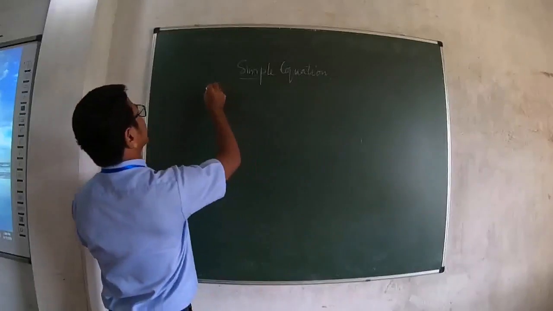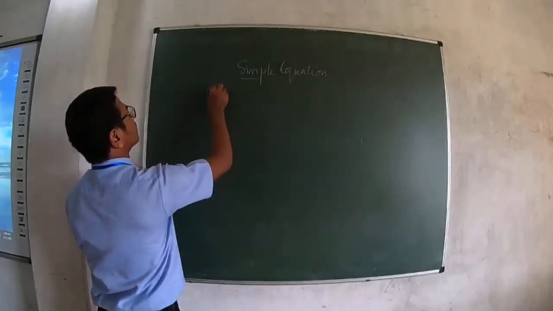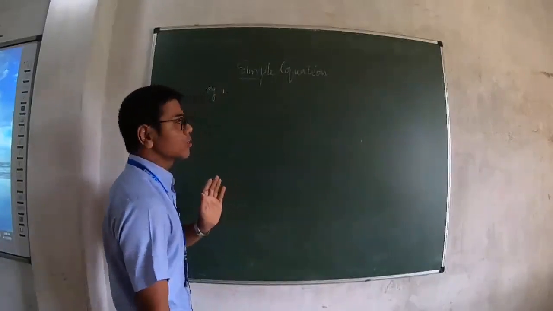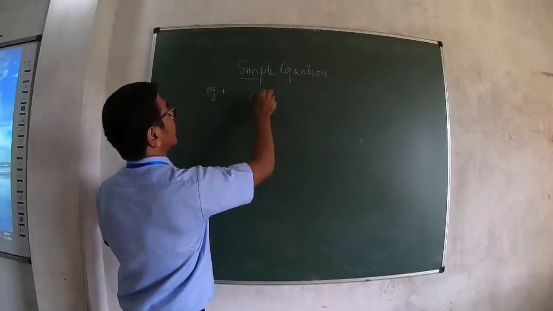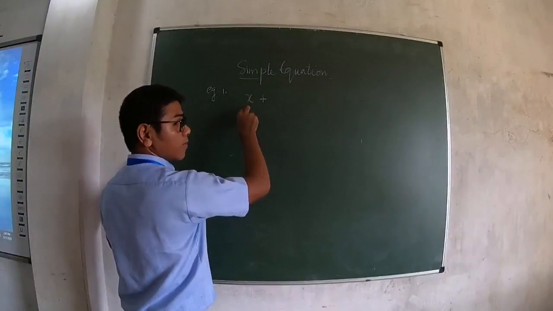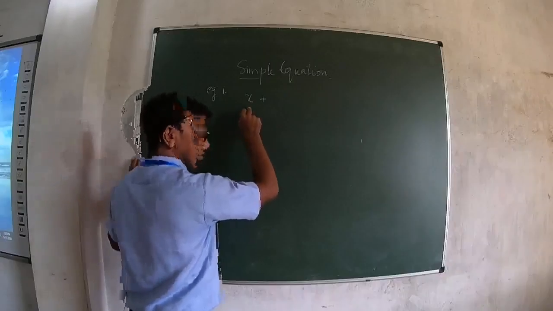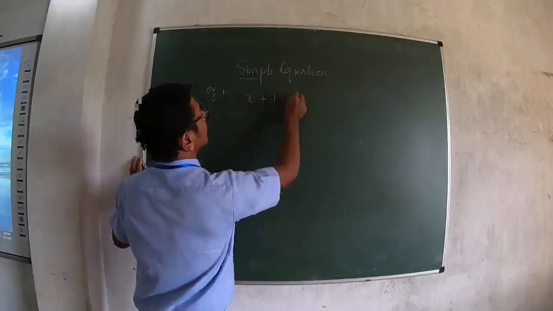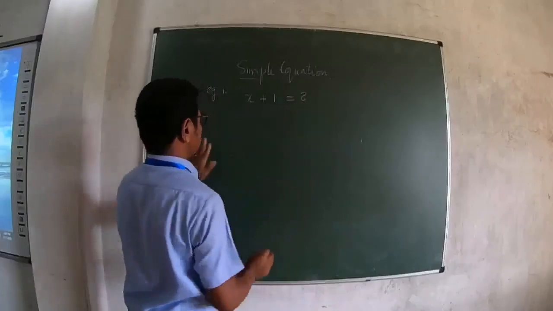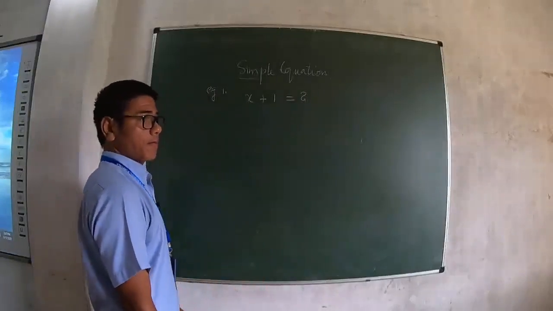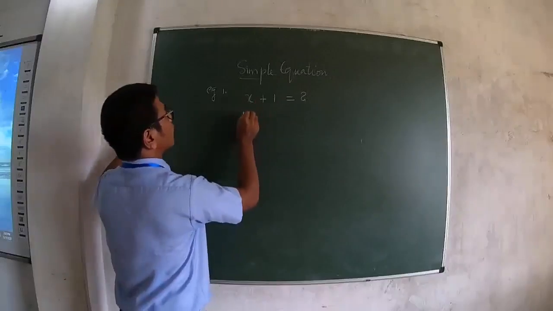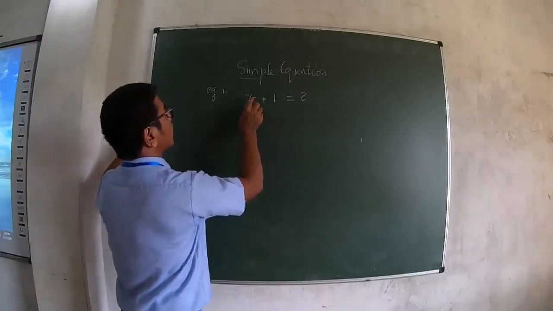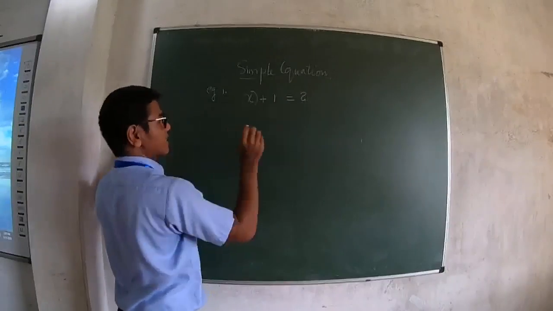Take example 1. As I mentioned to you, the variable means the alphabet. x plus 1 is equal to 2. We see that according to the formula, only x is our variable as a subject.